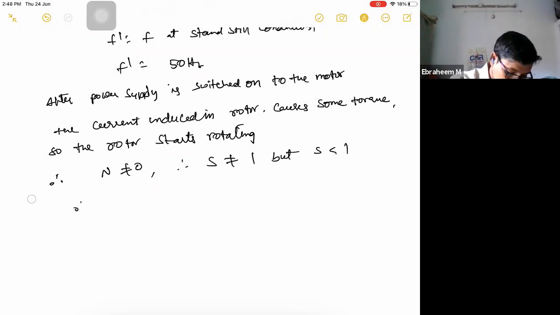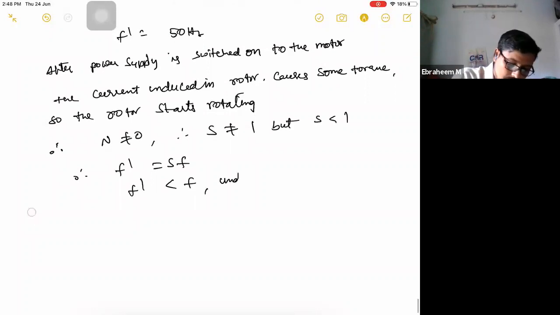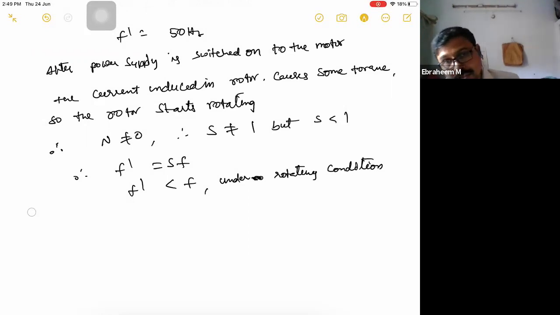Therefore, f dash is equal to sf, so f dash will be less than f under rotating condition. As long as the rotor is rotating, the frequency of the rotor supply will never be equal to the supply frequency.